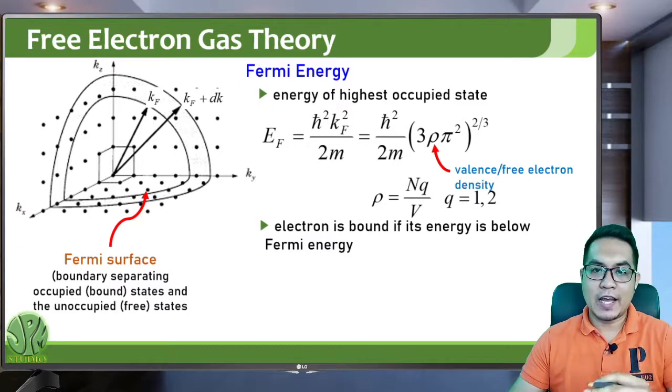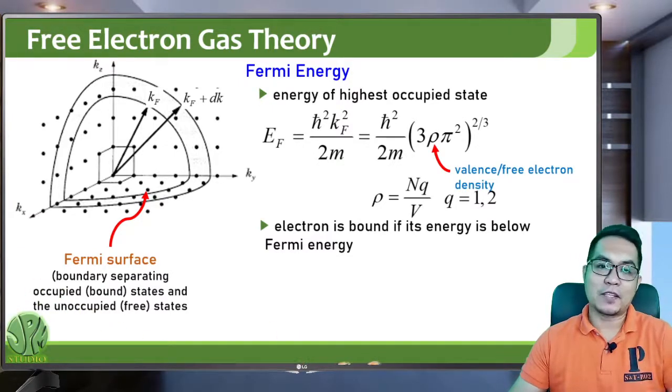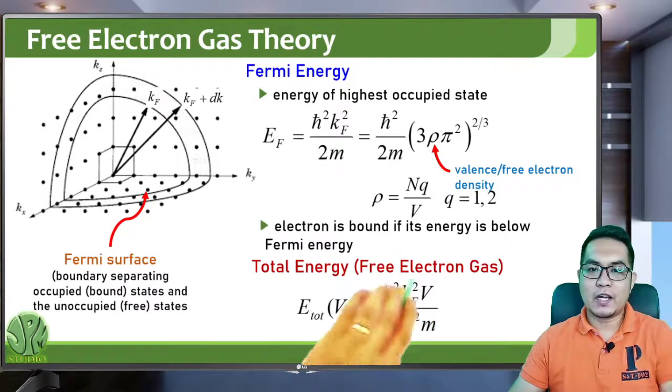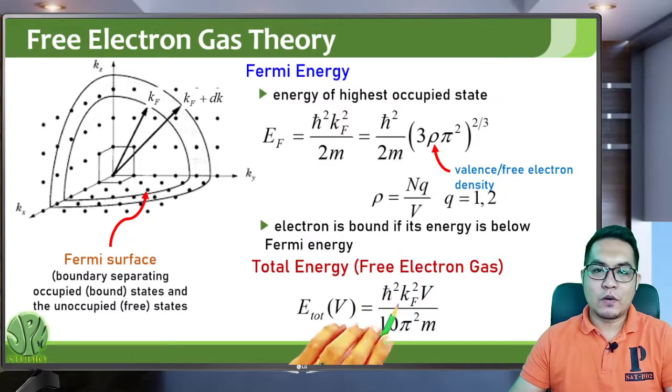And when its energy is above the Fermi energy, then it becomes a free electron. So the total energy of the free electron gas in this theory is given by this equation.